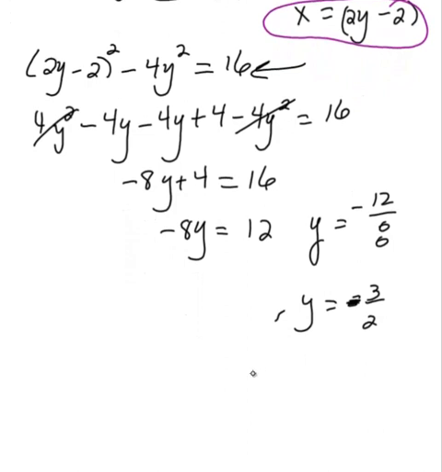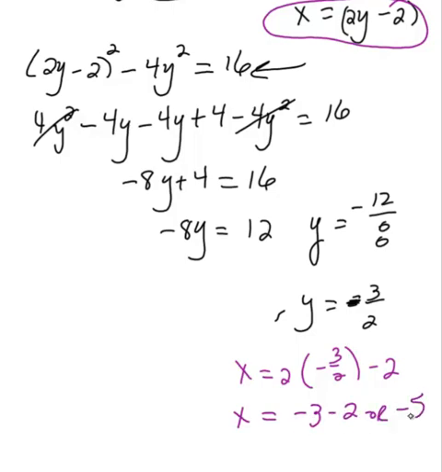So I have x equals 2 times negative 3/2 minus 2. x equals negative 3 minus 2, or negative 5. So my actual answer would be, as an ordered pair, negative 5, negative 3/2. And I used a substitution method to solve this nonlinear system.